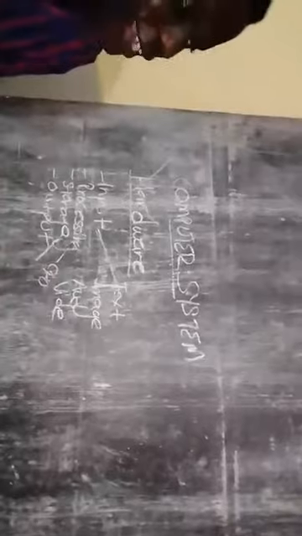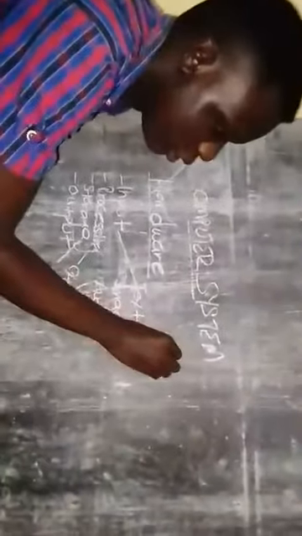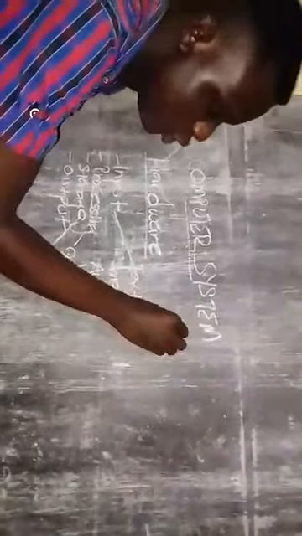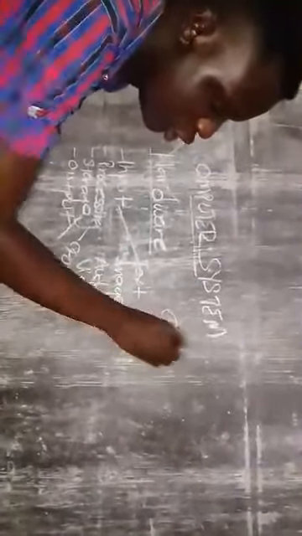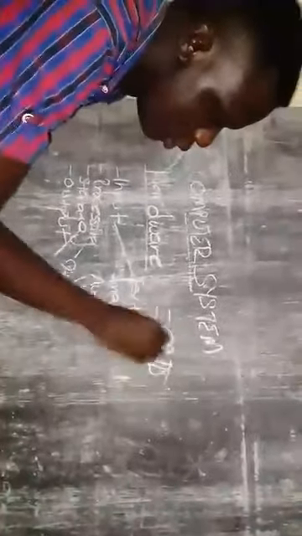We shall see that the monitor is divided into two types: the flat liquid crystal display, and the cathode ray display.